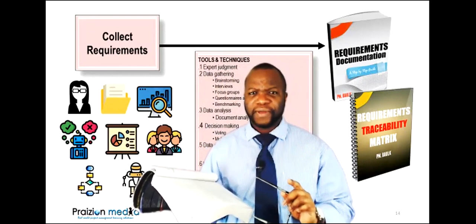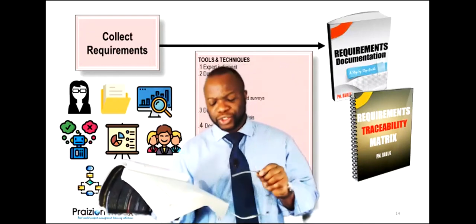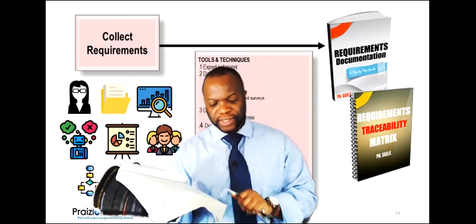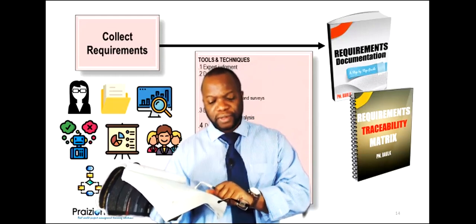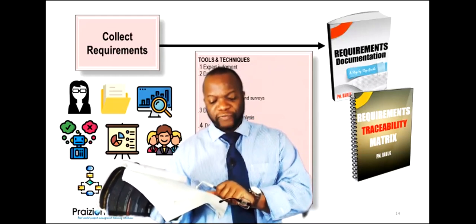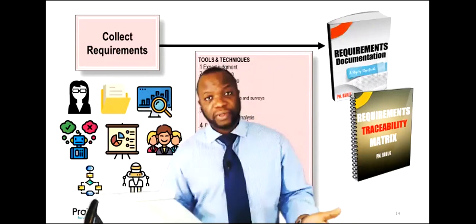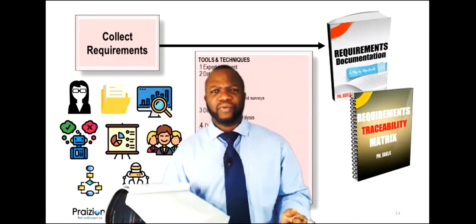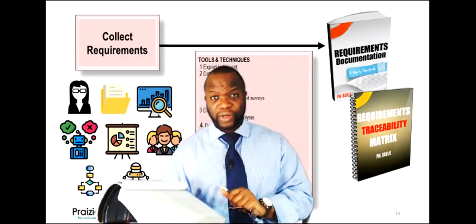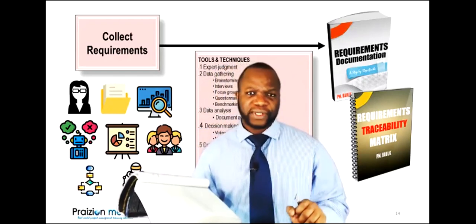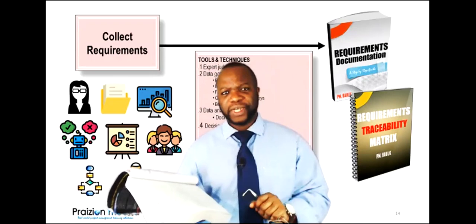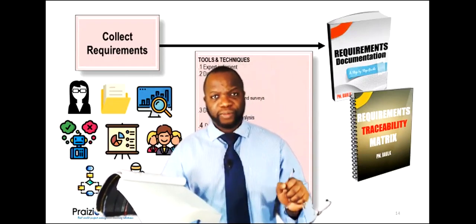You see, the PMI, they show you on page 686 which tool and technique is used in 5.2. That immediately throws you for a loop. Wait a minute, what's 5.2? You see why I want you to go through this table? Because it will make you think about every process and every tool and technique used in every process.